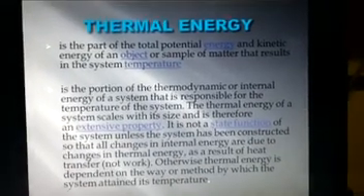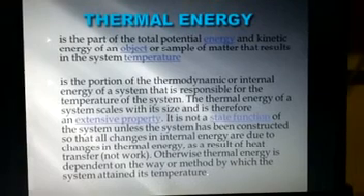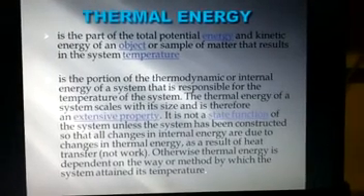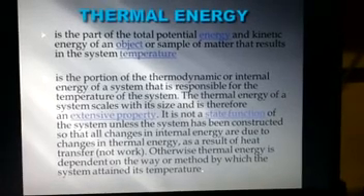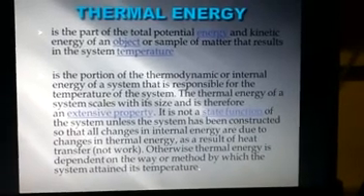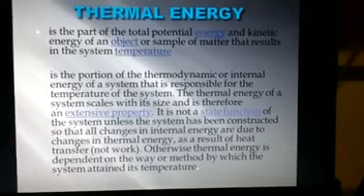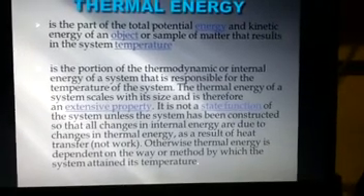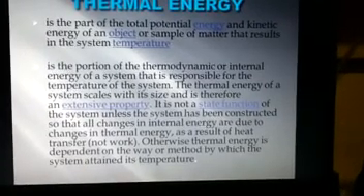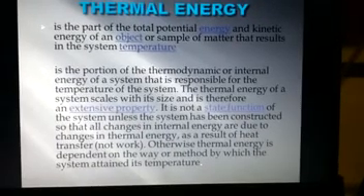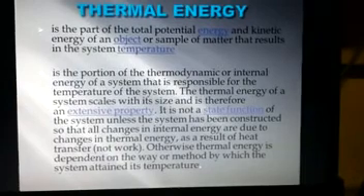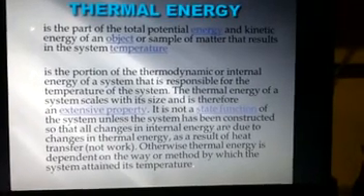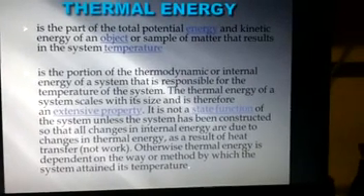Next is thermal energy. It is the part of the total potential energy and kinetic energy of an object or sample of matter that results in the system temperature. It's also the portion of the thermodynamic or internal energy of a system that is responsible for the temperature of the system. The thermal energy of a system scales with its size and is therefore an extensive property.